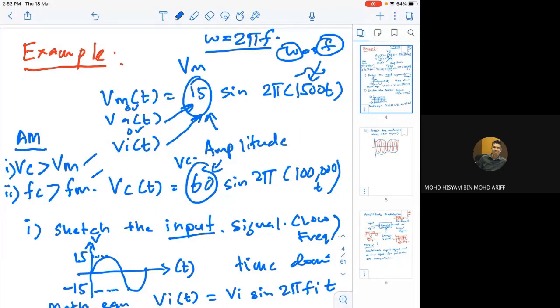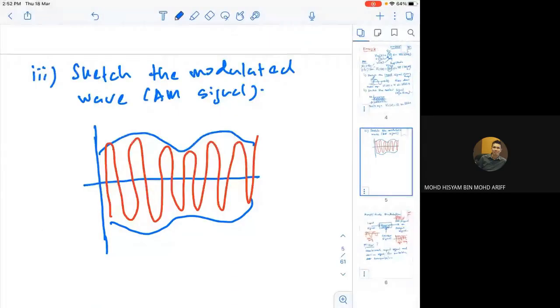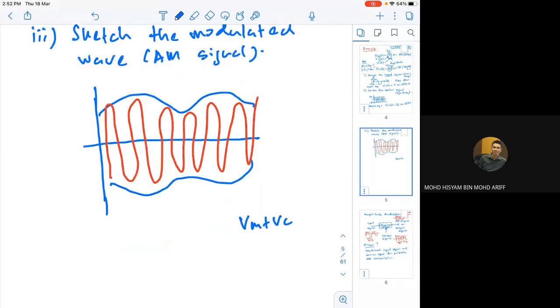Okay then, how to draw this thing? Basically you must know something. In the mathematical equation, you must know Vm plus Vc. First, Vm plus Vc equals what? What is the value of Vm? 15. 15 plus 60 is 75.